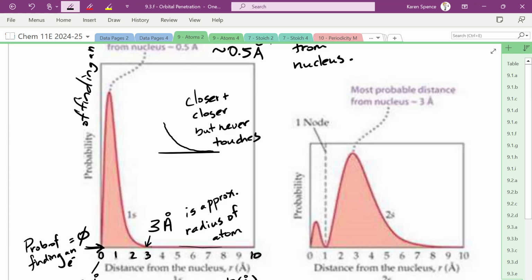So if you've not heard of that before, we would say this line decreases asymptotically towards 0.